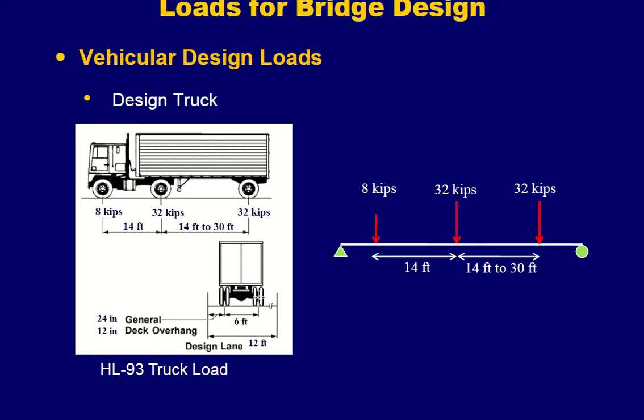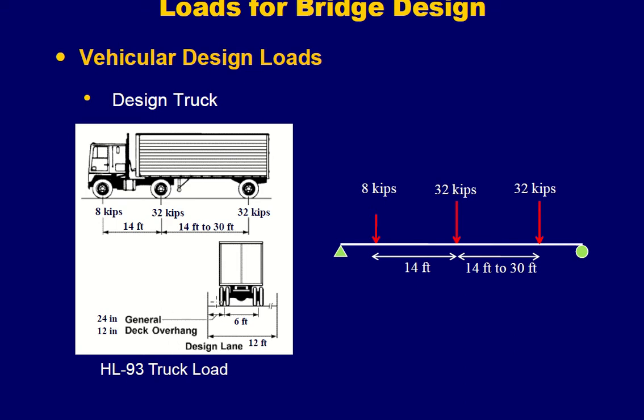Talking about the transverse direction, this was the longitudinal direction. In the transverse direction, the center to center distance between the tires is 6 feet. However, the clear distance from the center of one tire to the next tire should be 2 feet.